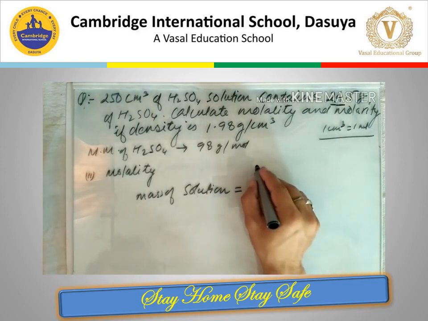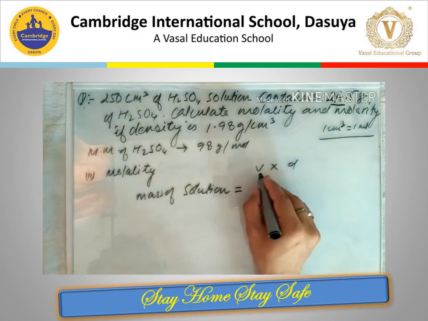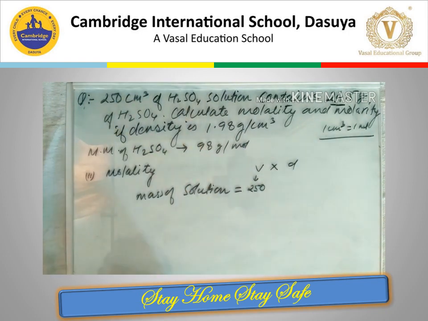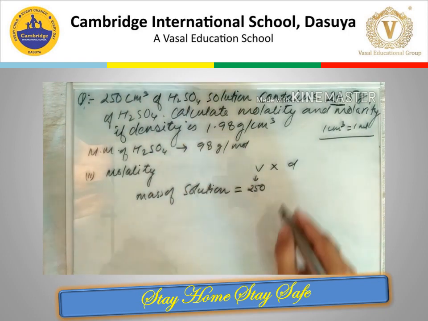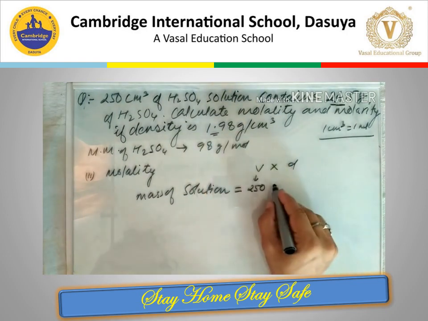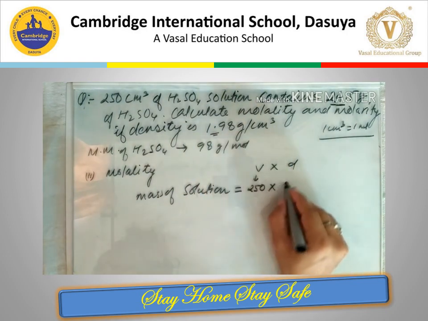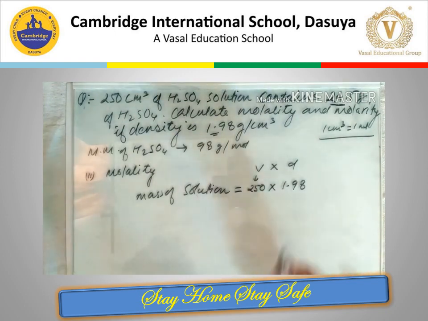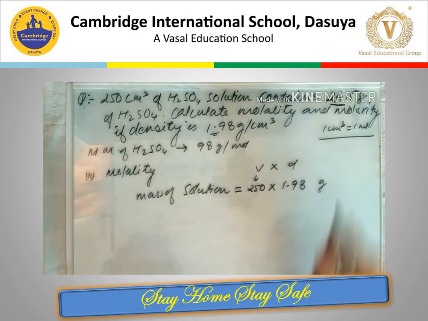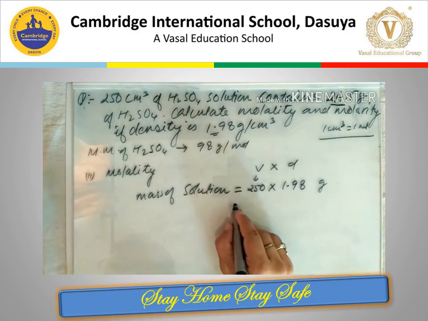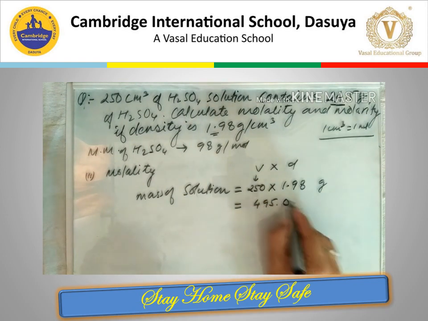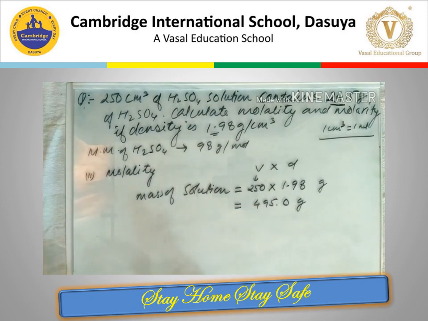Volume is V into D. Volume here is 250 centimeter cube, and density is 1.98 gram per centimeter cube. Centimeter cube cancels out, so we are left with gram, and this works out to 495.0 gram. Okay, this is the mass of solution.